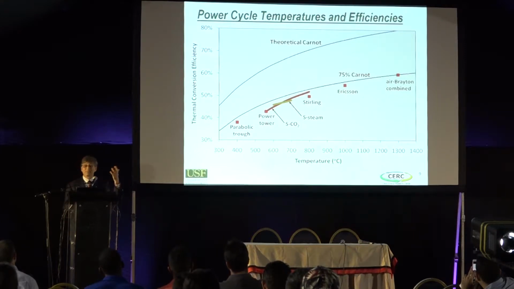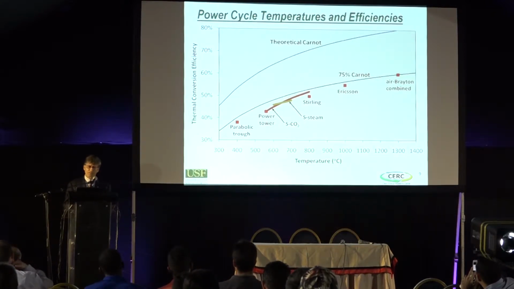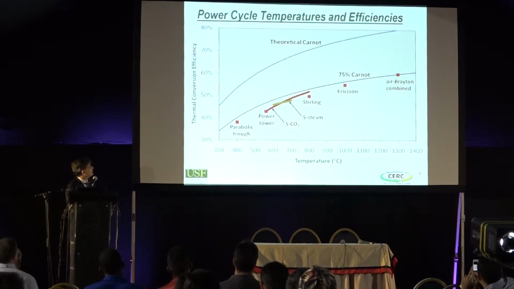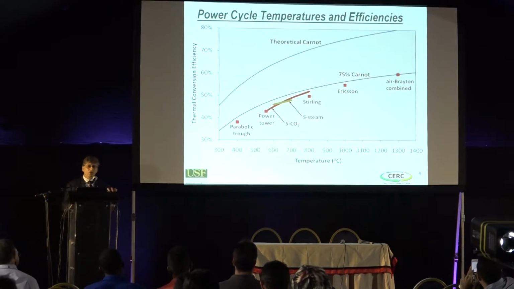In fact, we cannot even convert at that efficiency. So what is the practical limit? It's maybe about 75% of Carnot efficiency. So that's this limit. Right now, we are here with the parabolic troughs. It's about 30% efficiency that we get with the steam Rankine cycle.